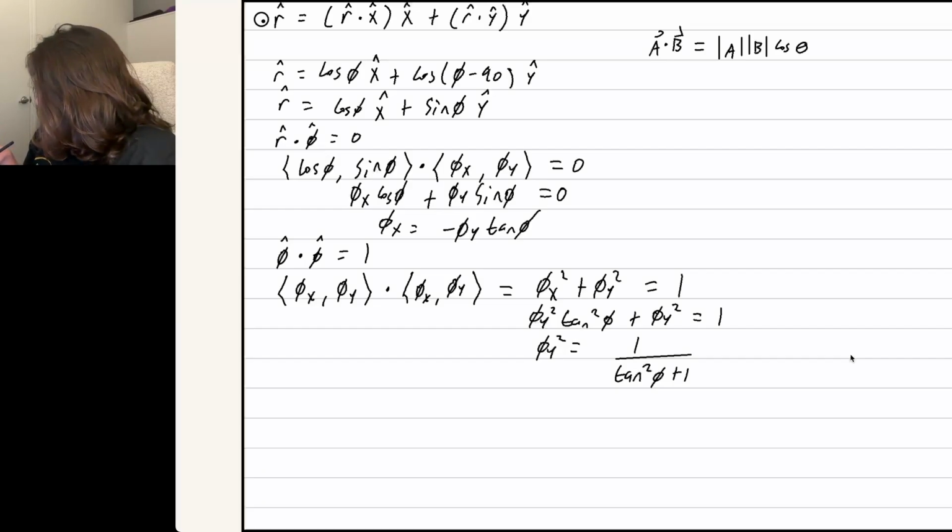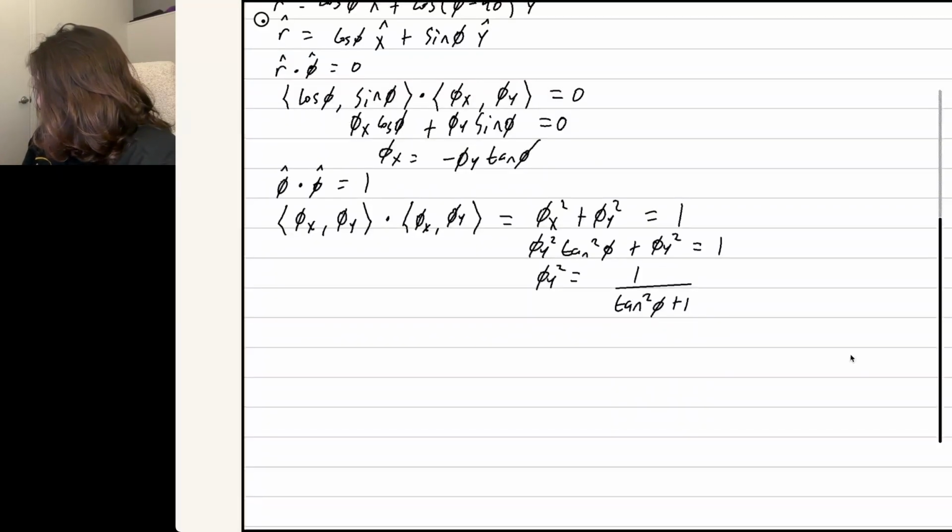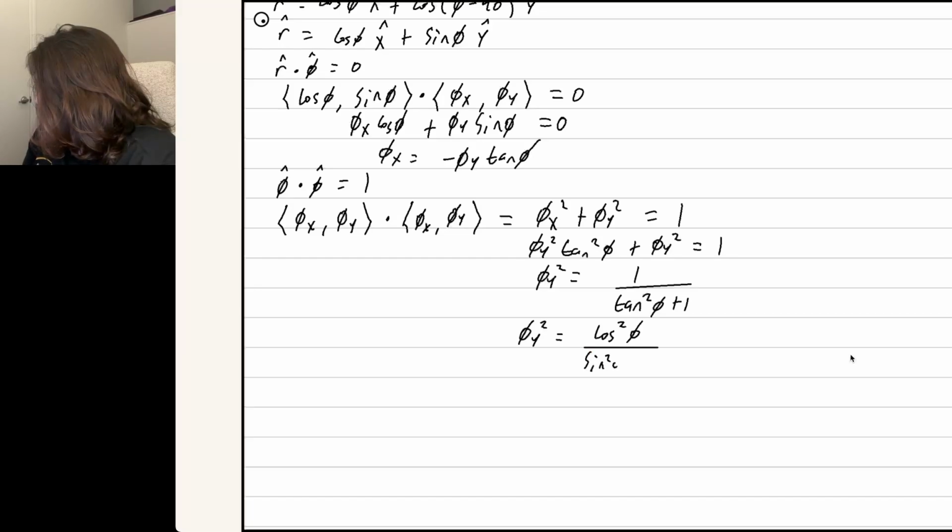To put this in a nicer form, we can multiply the top and bottom of that equation by cosine squared phi. So you'll have sine squared phi plus cosine squared phi on the bottom, and sine squared plus cosine squared is 1.